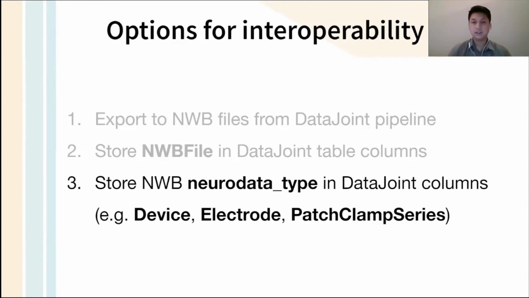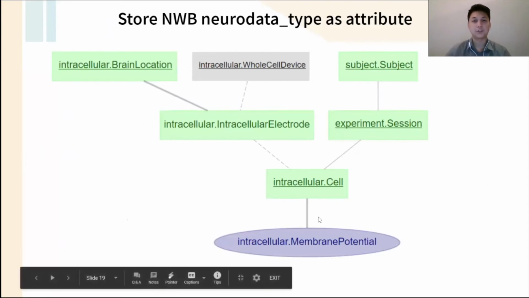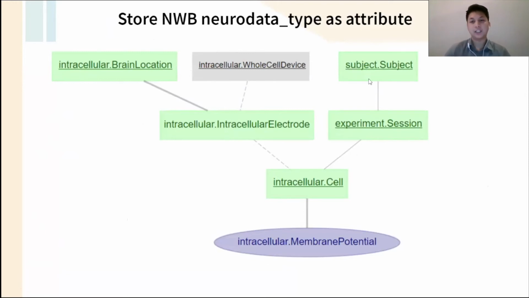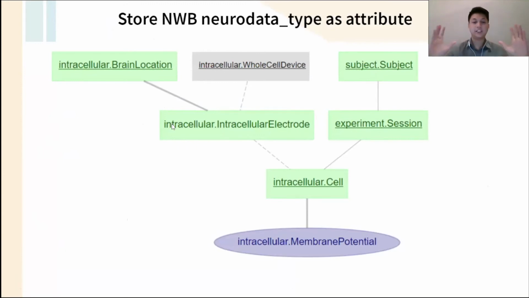So on this, I have already put together a small pipeline on intracellular recording from View Data. This example pipeline, for the sake of demonstration, looks something like this. This is an architecture diagram from DataJoint features to show the architecture of your pipeline.